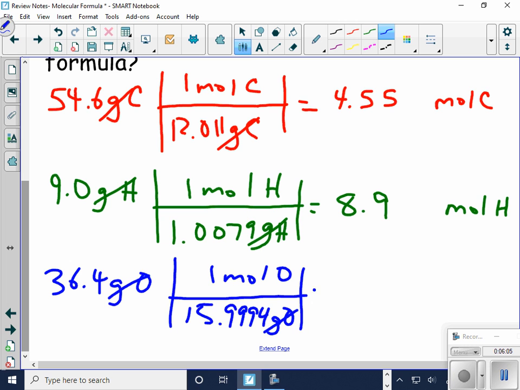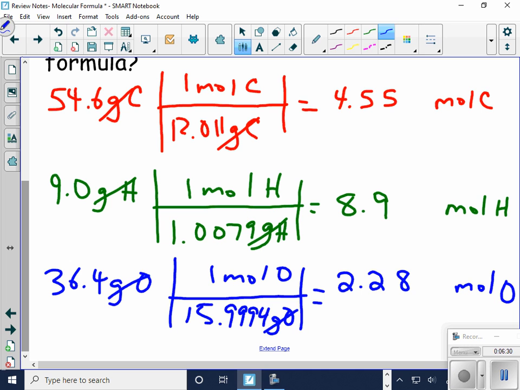Once again, my grams cancel. It's going to leave me with moles of oxygen. I do my math, 36.4 divided by 15.9994. That gives me 2.28 moles of oxygen.